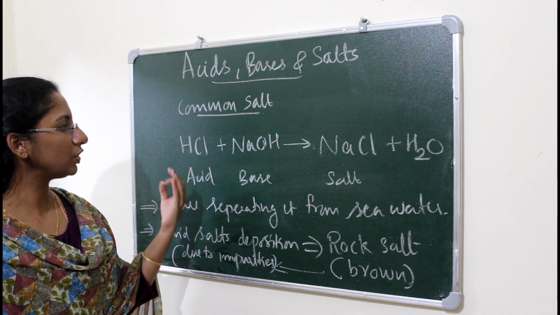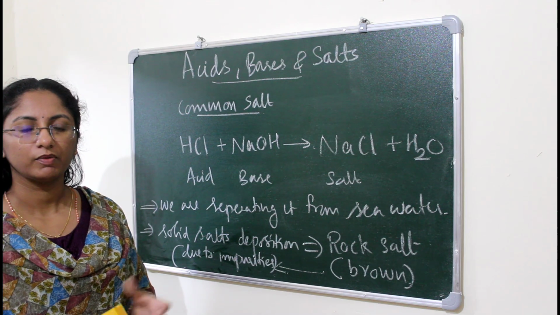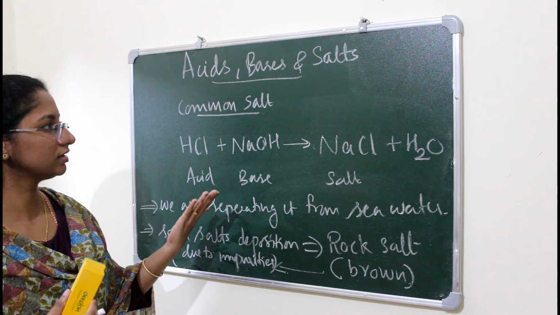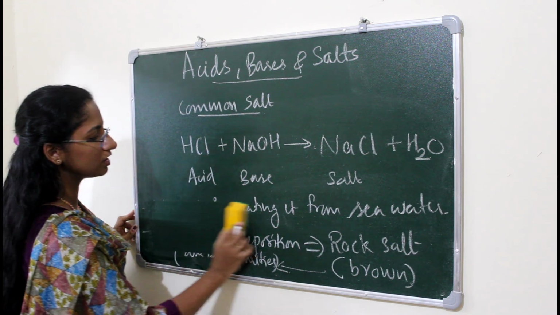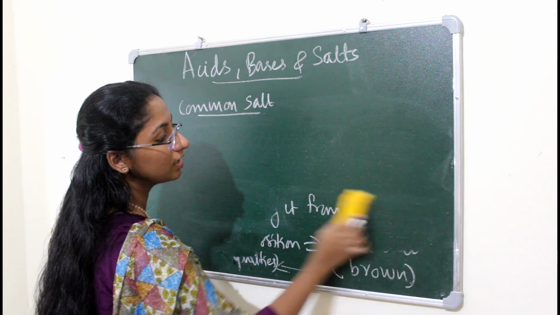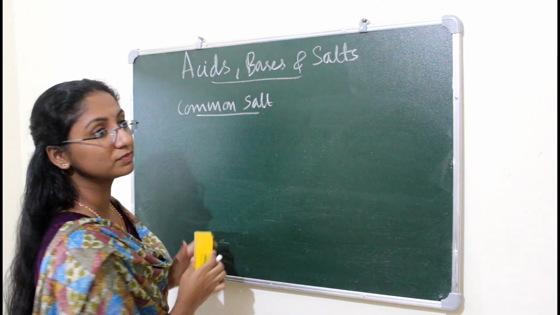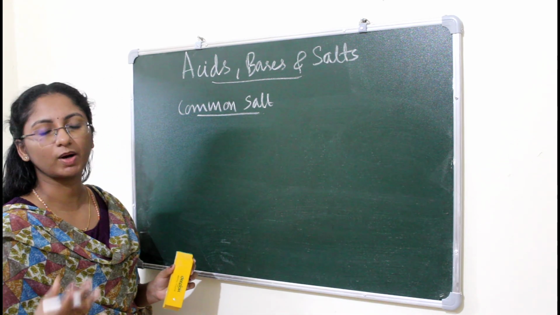We can use this common salt to produce many products in chemistry. From this sodium chloride we can prepare sodium hydroxide, baking soda, washing soda, bleaching powder, like that.